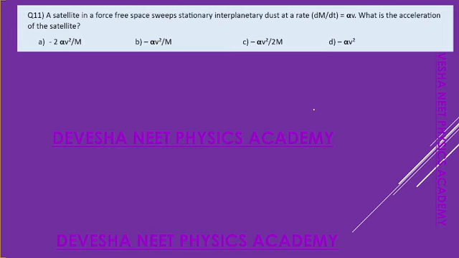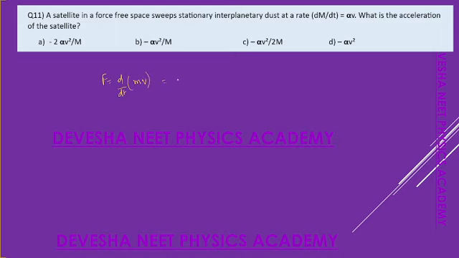A satellite in a force-free space sweeps stationary interplanetary dust at a rate of dm by dt is equal to alpha v. What is the acceleration of the satellite? Okay, so we all know force is equal to d by dt of mv.